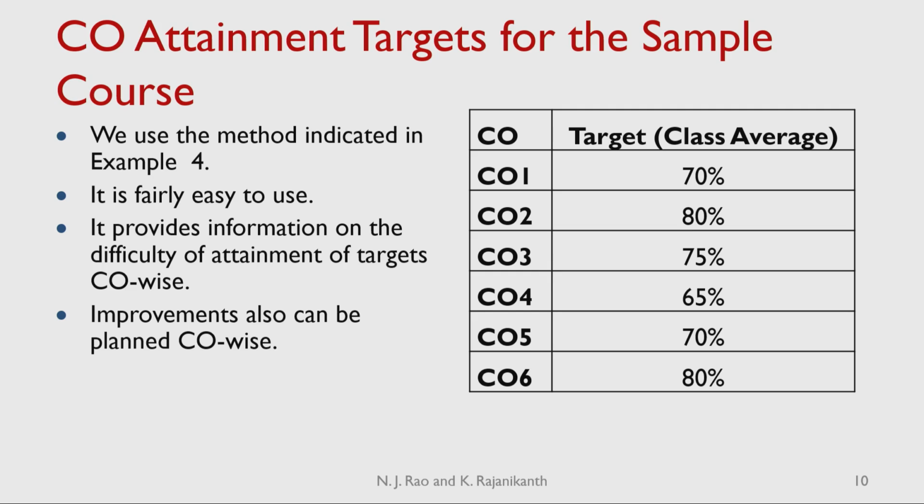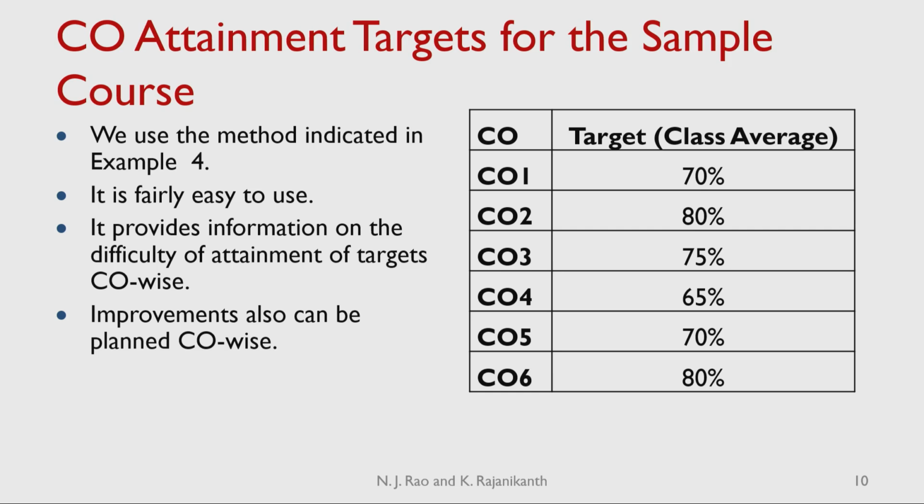However, institutes are free to adopt a different method for setting the targets for CO attainment. Some institutes adopt the approach where the targets are quantized into 3 levels. That method is also fine, but what is important is that all the faculty use one single common method for all the courses in all the programs. Many institutes have generally a cell for internal quality assurance, what is generally called as IQAC.